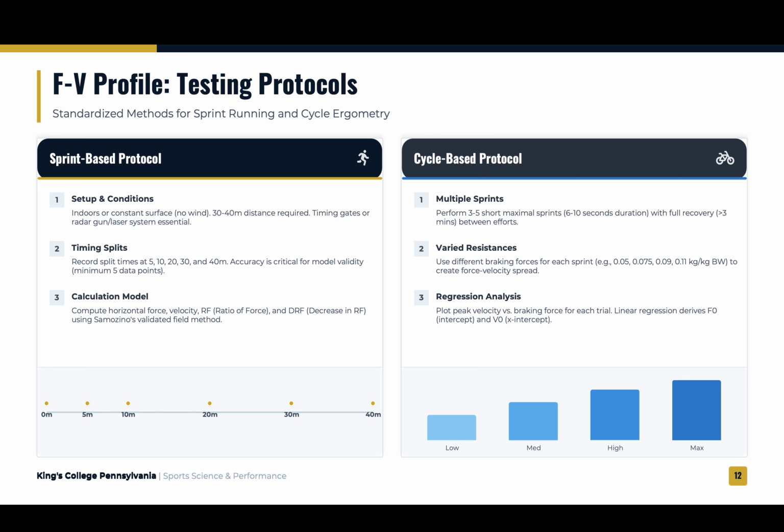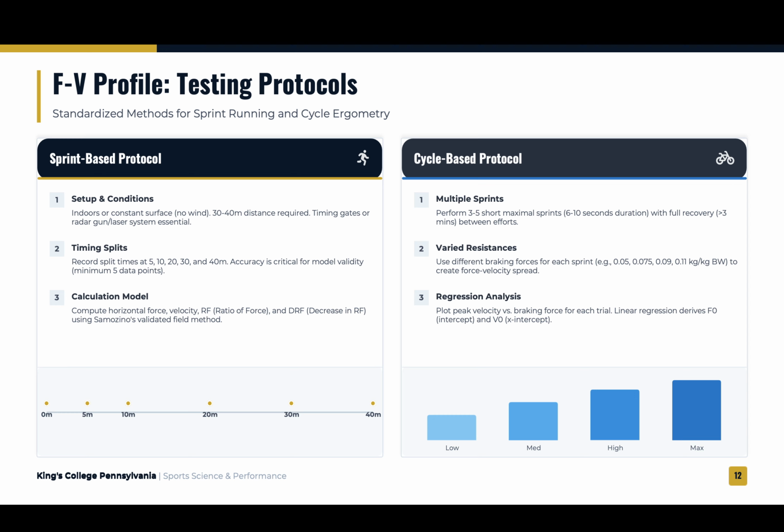On a cycle-based protocol, you repeat sprints: perform 3 to 5 short maximal sprints, 6 to 10 seconds duration, with full recovery, more than 3 minutes between the efforts.